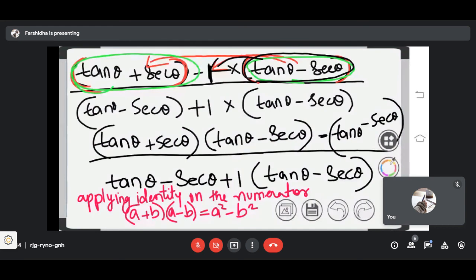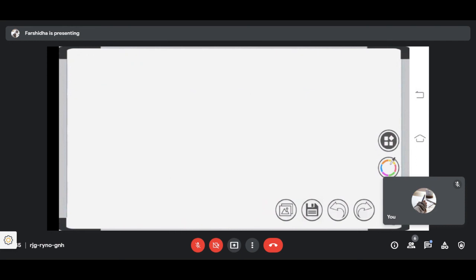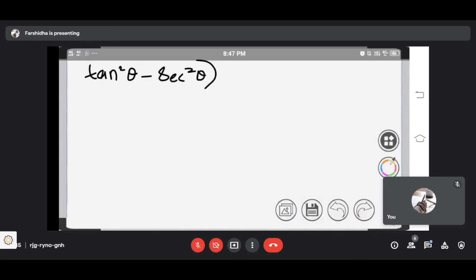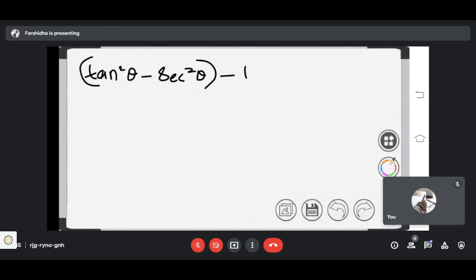Hope you have copied. I'm going to the next page. So I'm replacing tan theta plus sec theta into tan theta minus sec theta as tan square theta minus sec square theta and rewriting it. In the next line, below that, write tan square theta minus sec square theta. How did I get this? By applying identity number 3. Then write everything as it is.